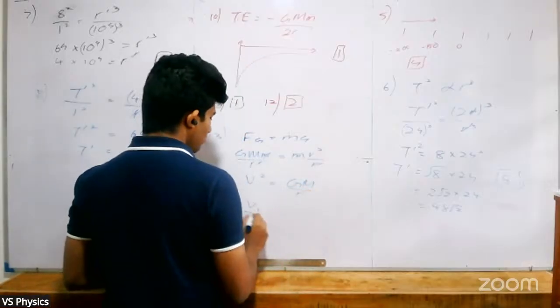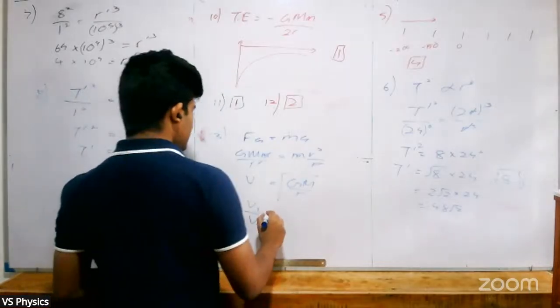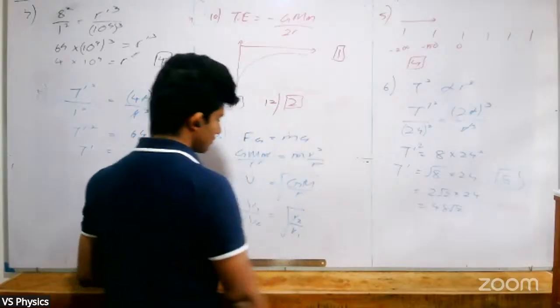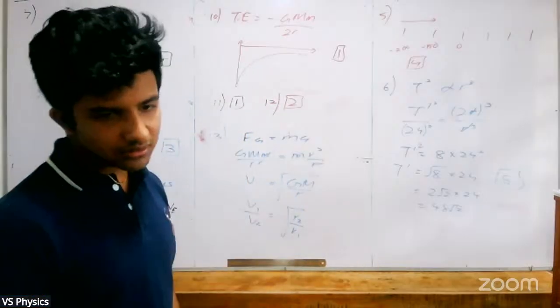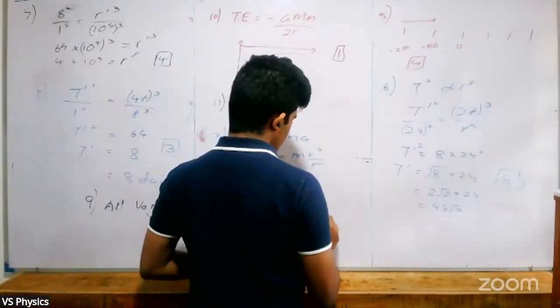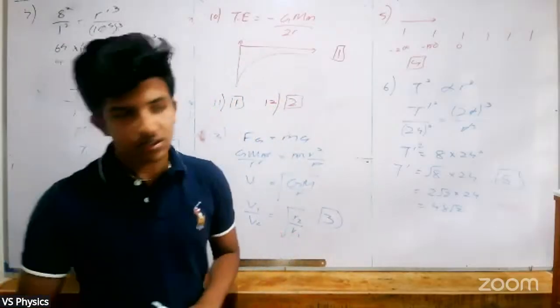That means v1 over v2, actually root, if you're talking about v, v1 over v2 is proportional to root of r2 over r1. Yes, it is our third answer. So third one is the answer for the 13th question.